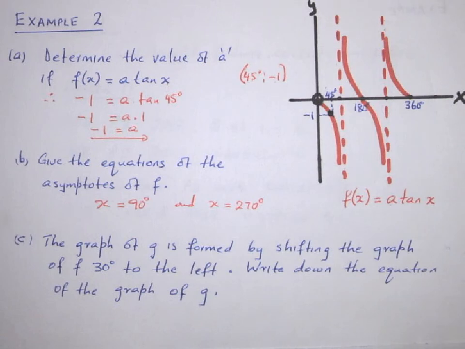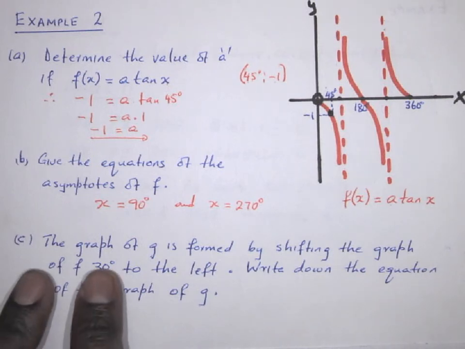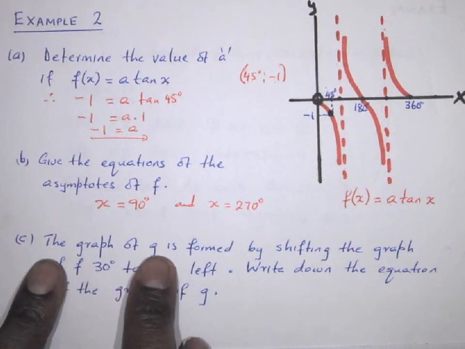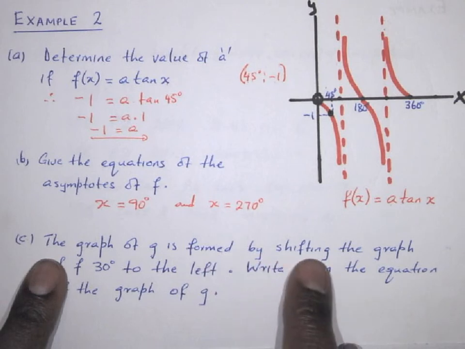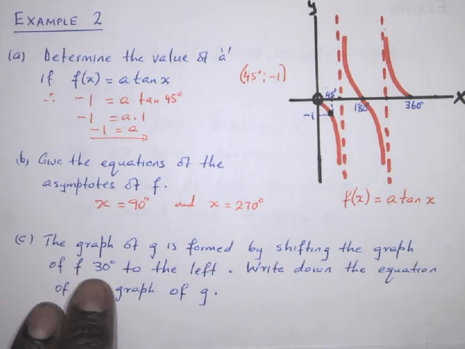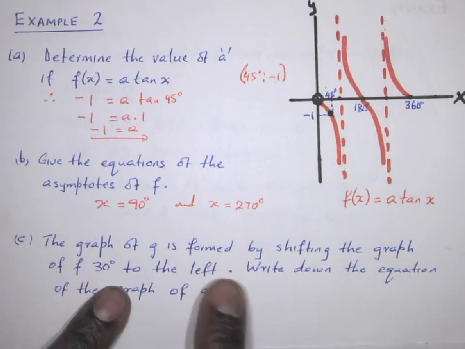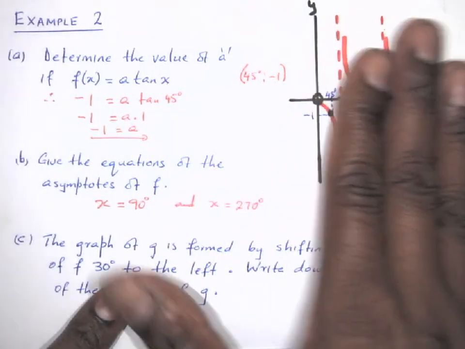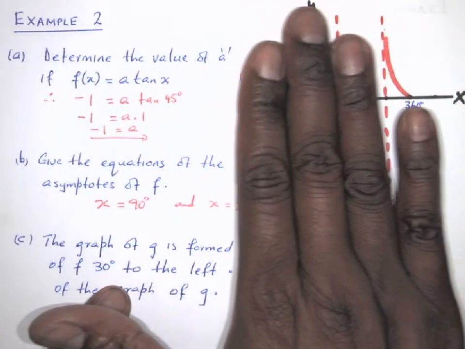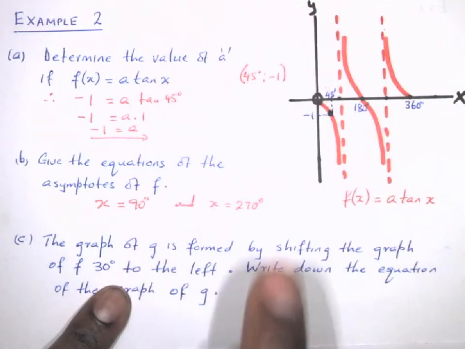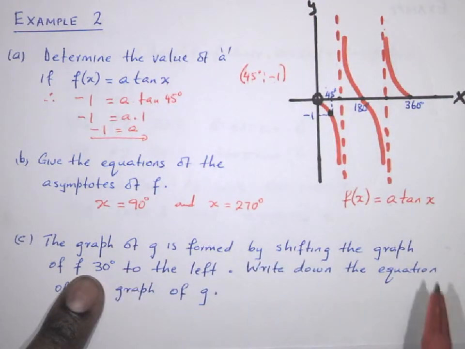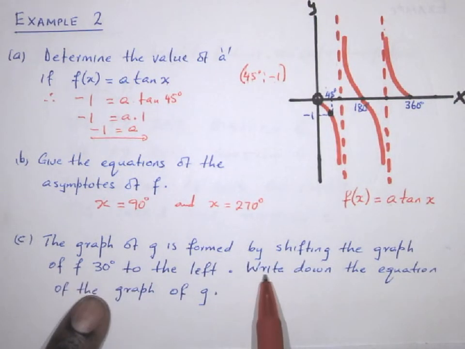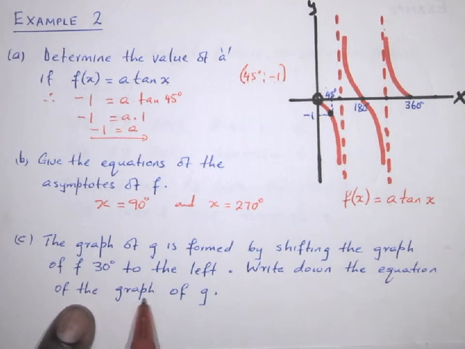Let's look at the next question. It says, the graph of g is formed by shifting the graph of f 30 degrees to the left. So if I take this graph of f and shift it to the left by 30 degrees, what happens? They say write down the equation of the graph of g.